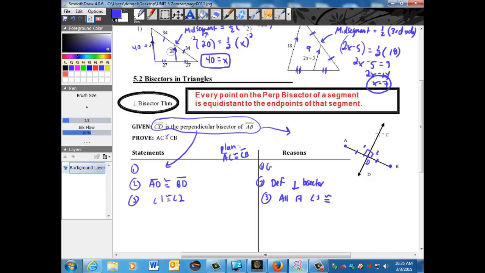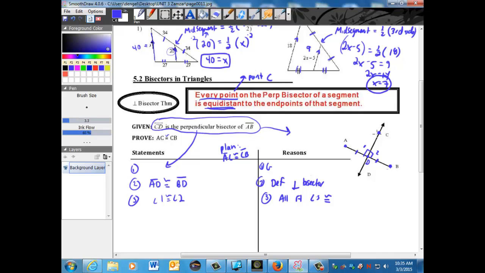Go ahead and put a point on C. And so we're going to say that every point in this problem to the right, this is referring to point C. So really we can read this as point C on the perpendicular bisector is equidistant to the endpoints of that segment. What does this term mean?